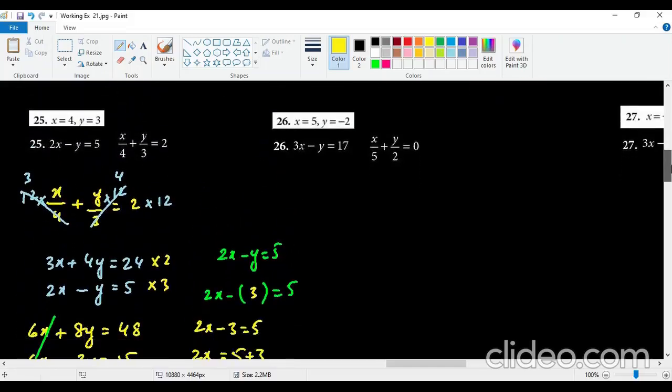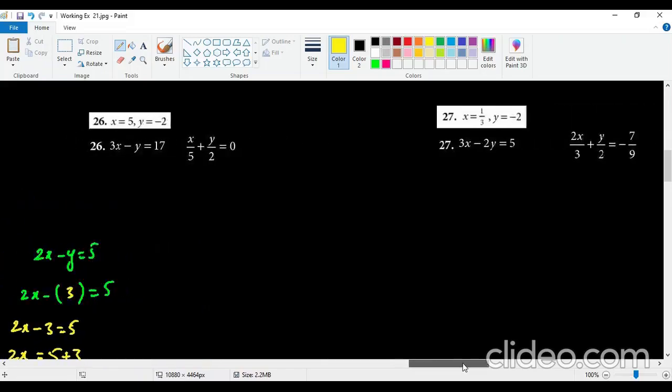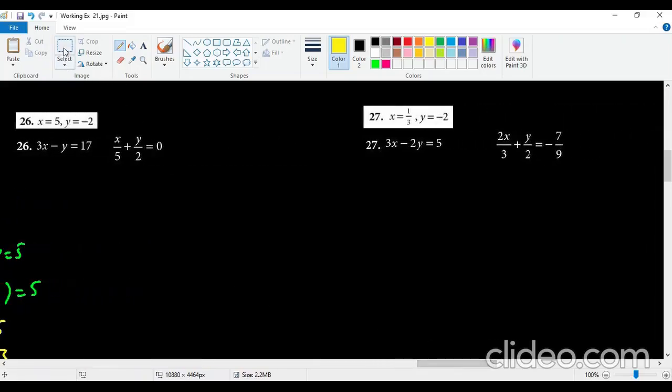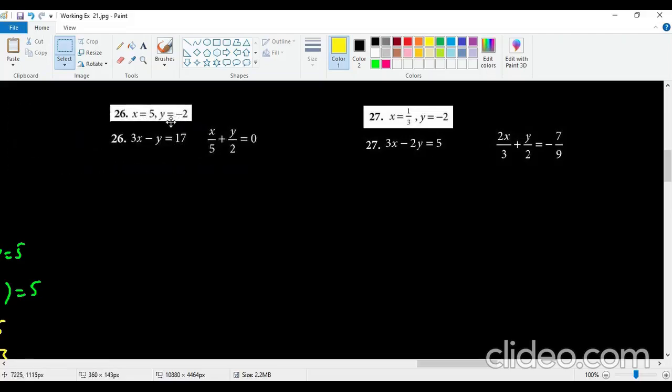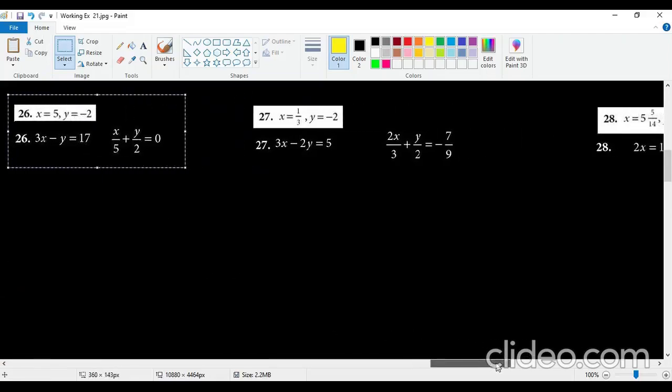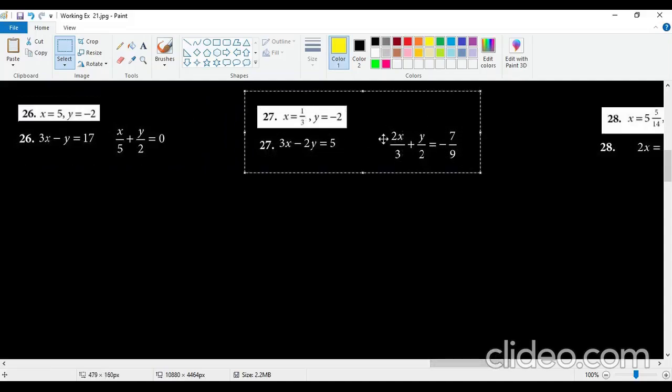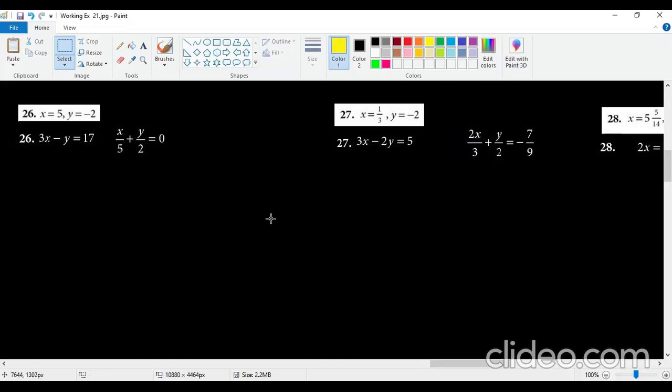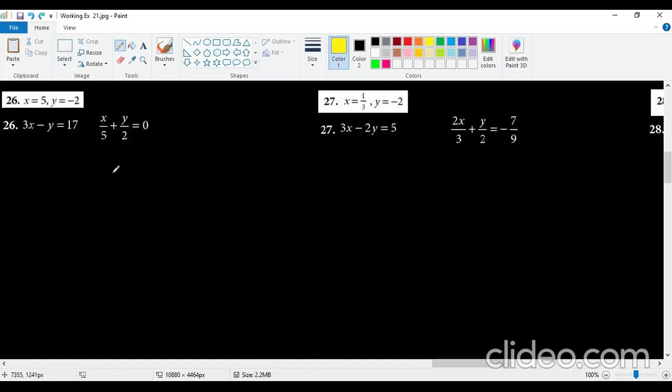Moving on to question number 26. Solving the second equation, I will write x over 5 plus y over 2 equals 0, and the LCM of 5 and 2 is 10.